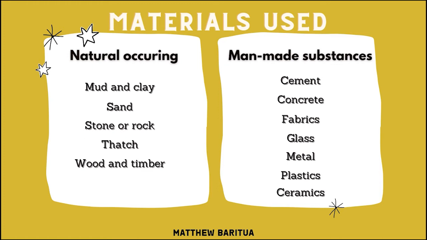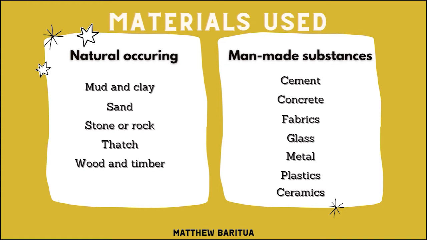So next, we will move to the man-made substances. Under it is cement. It is a binder, a substance used for construction that sets, hardens, and adheres to other materials to bind them together. Cement is seldom used on its own, but rather to bind sand and gravel together.